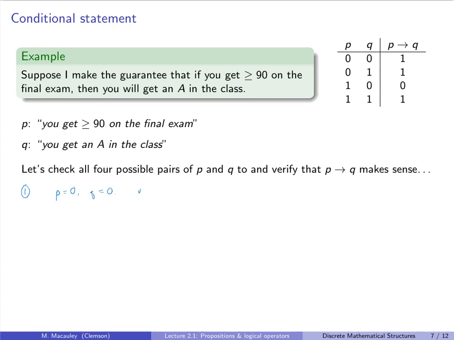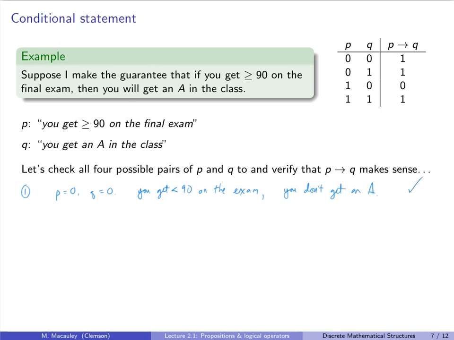So here you get less than 90 on the exam, and you do not get an A in the class because Q is 0. So you don't get an A. So let me ask you, was this guarantee kept? Sure, I did not violate this promise. So yes, this checks out.